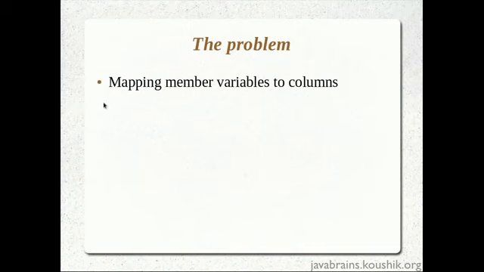The first pain point, as I told you, is that we need to map the member variables to the columns. Each and every member variable that we have to persist has to be mapped manually. Of course, you can have a procedure for each of the objects, and you write the code once, but you still have to do it. Now let's say I add a new column or a new field in my object. Now I'll have to make those changes in the code in order to map it.